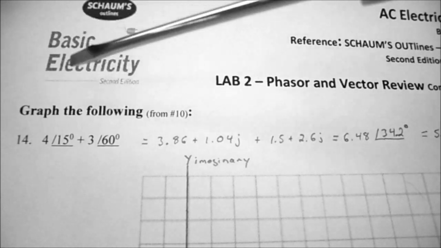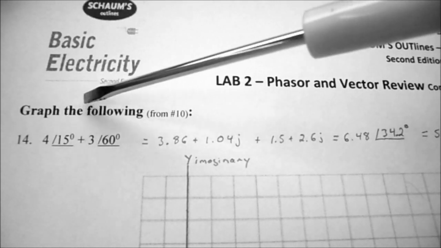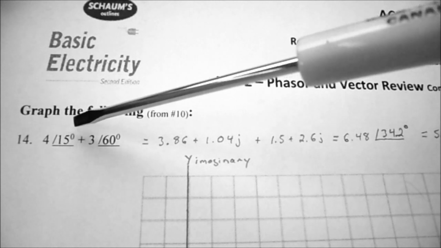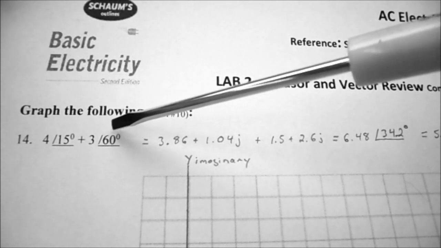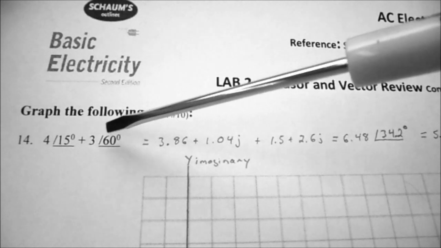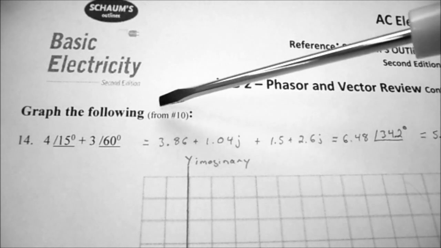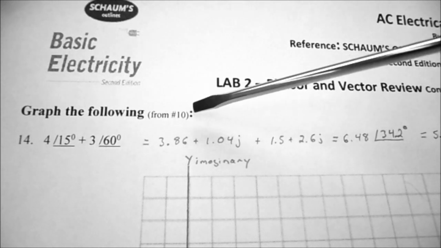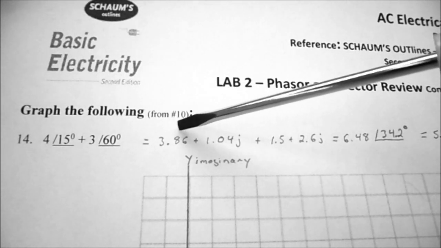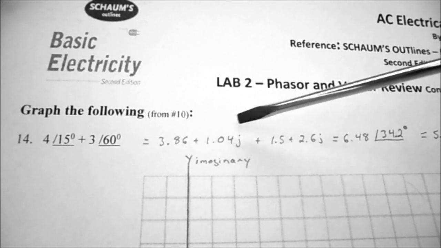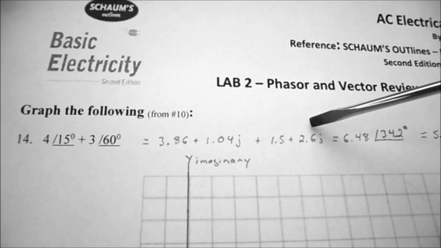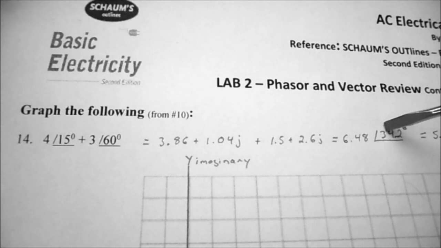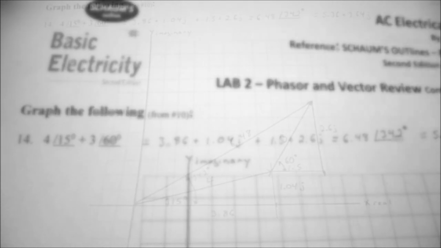Now under procedure, step 14, they want us to graph the following. 4 at an angle of 15 degrees plus 3 at an angle of 60 degrees. And you'll notice these numbers come from procedure step number 10. Now in procedure step number 10, we already converted them to the rectangular form, and we came out with the answer, but now we're going to draw it graphically.